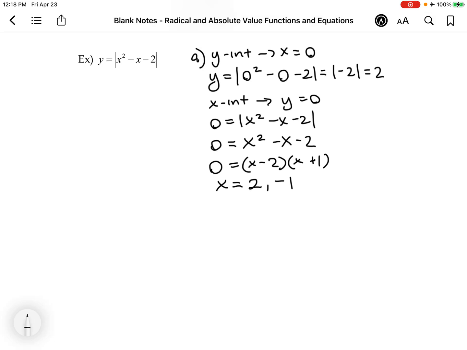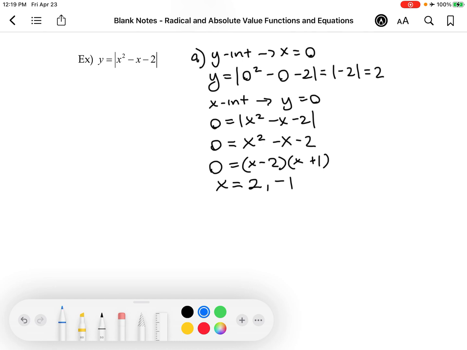So now, based on this, I can start to graph this thing. When I'm graphing this, I want to picture the original to start. So I'll set up my axes first.